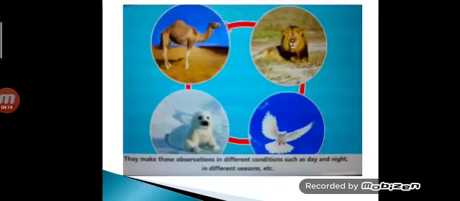They make these observations in different conditions such as day and night, in different seasons, etc. Because biodiversity exists everywhere, it is also present at great height or depth as well as microorganisms.